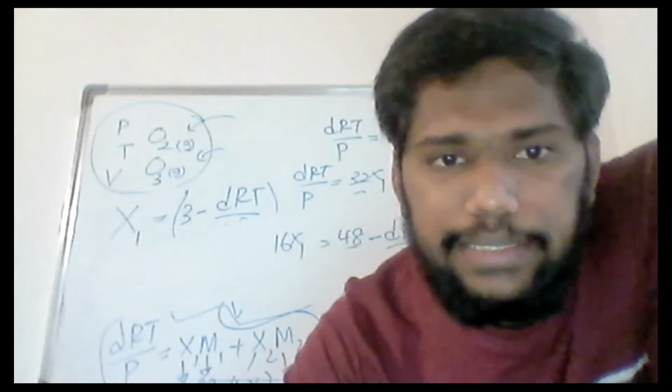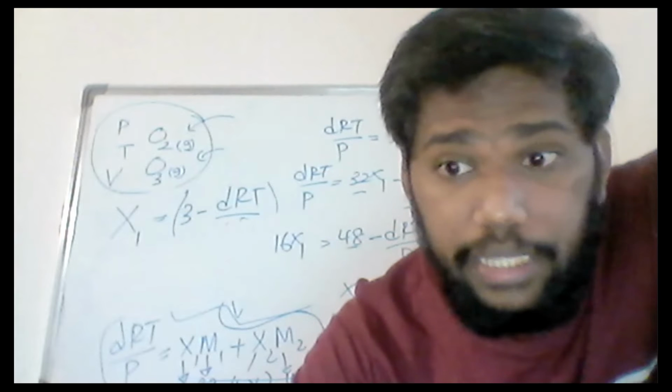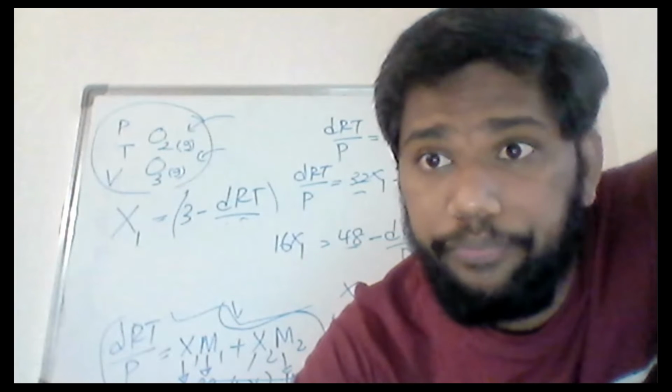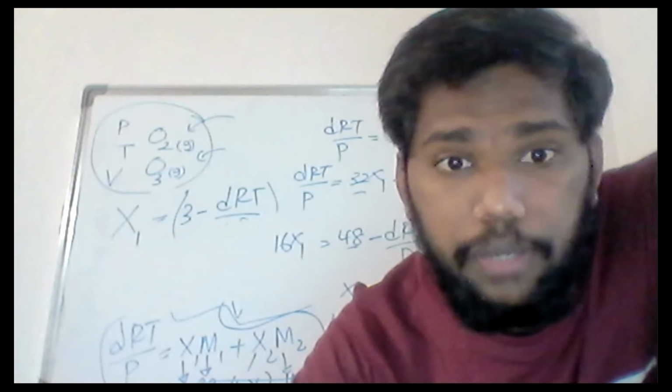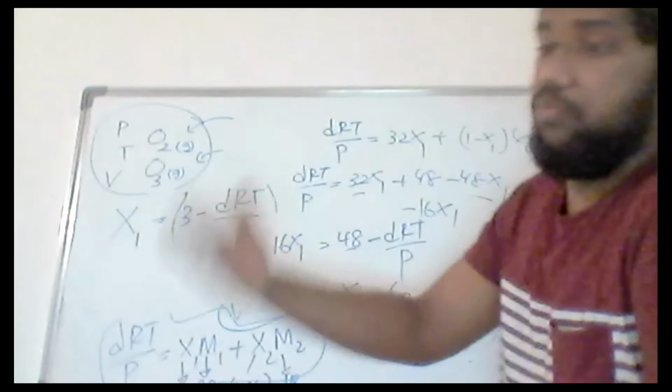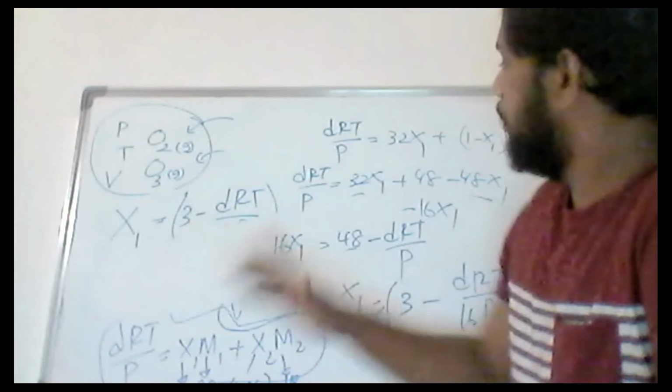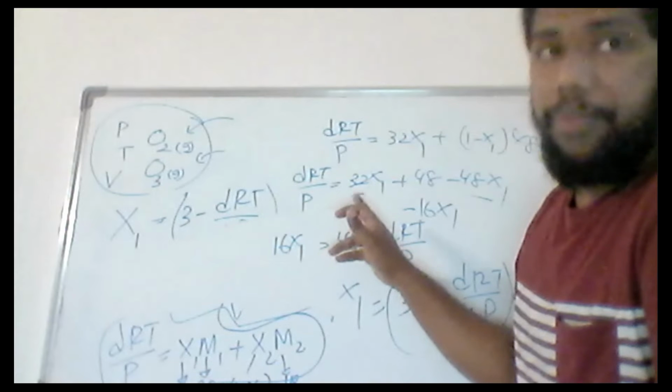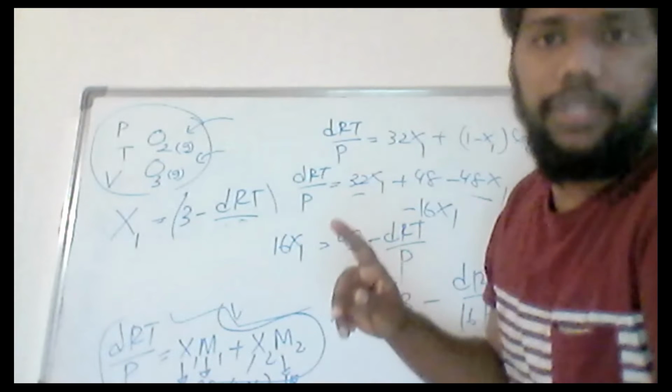So the next question is, state the assumptions that you made in the above steps. Above steps means what are the assumptions? If you can remember, in the previous question, we used PV is equal to nRT.